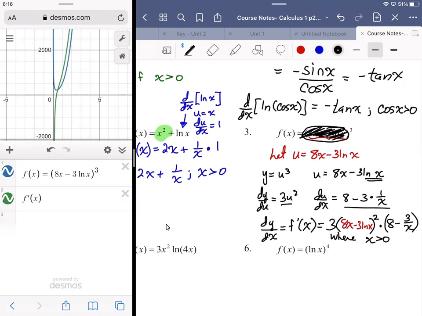So we would say, all right, if I'm going to let that big nasty expression be equal to u, then I can think of f of x as being equal to u cubed. All right. So that's where this comes from. But then separately, I'd have to say, well, u really is 8x minus 3 ln x.